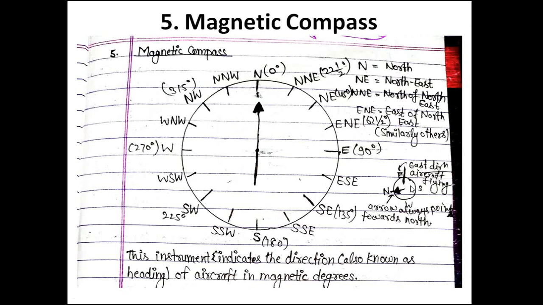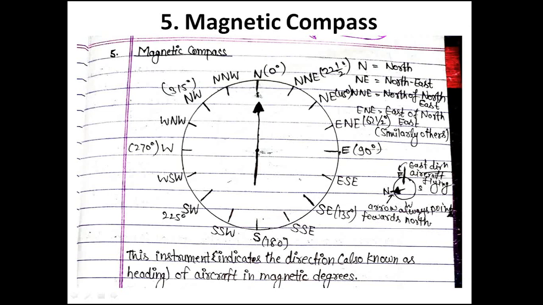Between northeast and east you get ENE, east northeast, which is 67.5 degree. So N stands for north, NE northeast, NNE north northeast, ENE east northeast. Similarly the case applies for the others.